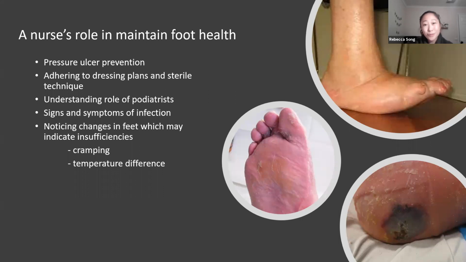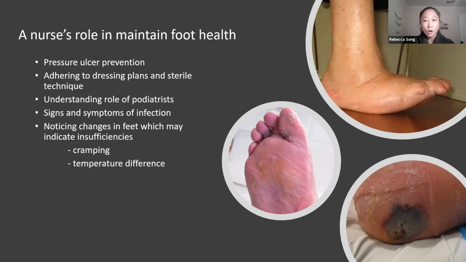It's important that you understand the role of a podiatrist too, which is great for us, because if you understand what we do, then you're able to refer appropriate patients to come and see us and educate the patients correctly. Interdisciplinary care is very important in both public and private settings, because it's not just treating a patient for one condition.